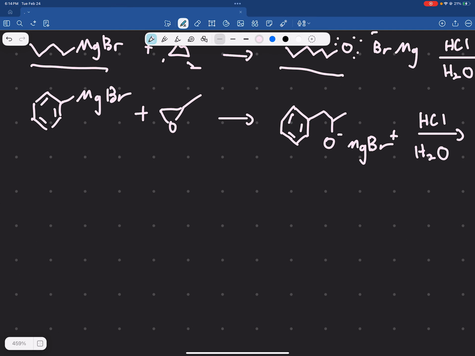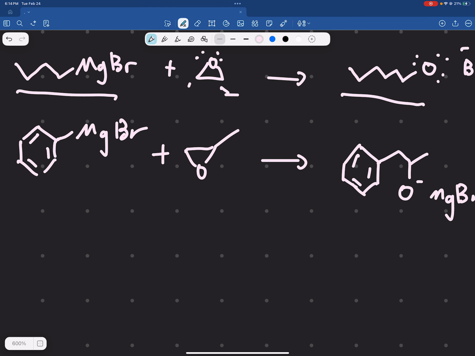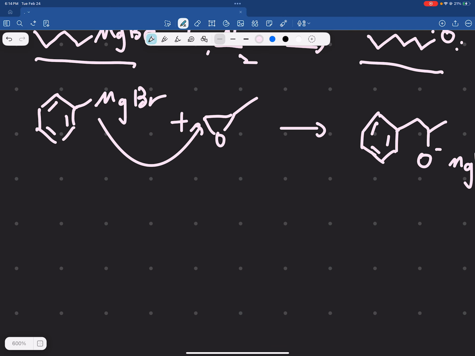Also, I should mention that the major product would correspond to the attack on the less substituted carbon, so this carbon right there. It's kind of like an SN2 reaction.